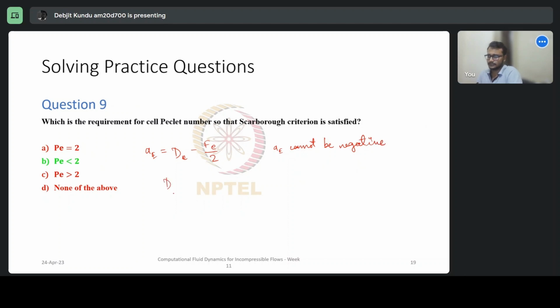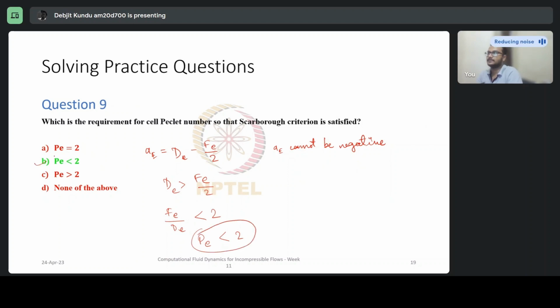So dE should be greater than Fe by 2, and if I try to write it down in a different way, Fe by dE should be less than 2. And we have defined that this Fe by dE is nothing but the Peclet number. So the Peclet number should be less than 2.